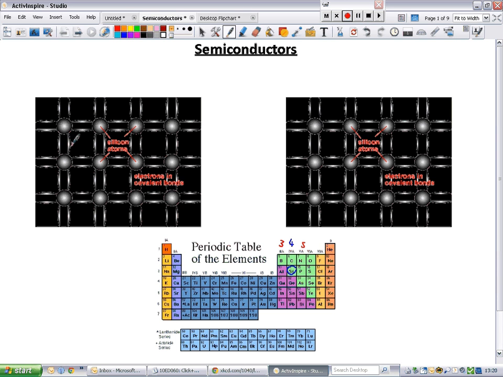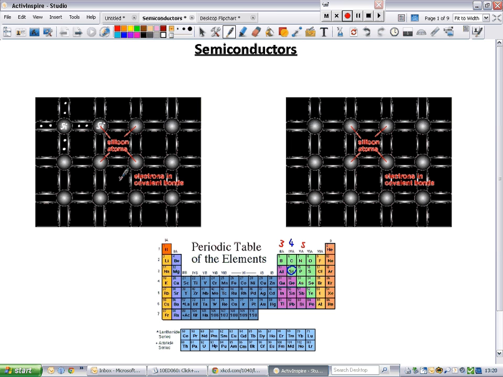So if this is our silicon lattice and it is joined together, because that's how non-metals bond together, they bond together covalently. If there are 4 outer electrons, then you get 2 silicon atoms immediately adjacent to each other, and you get this effect where all the available holes are filled with electrons.